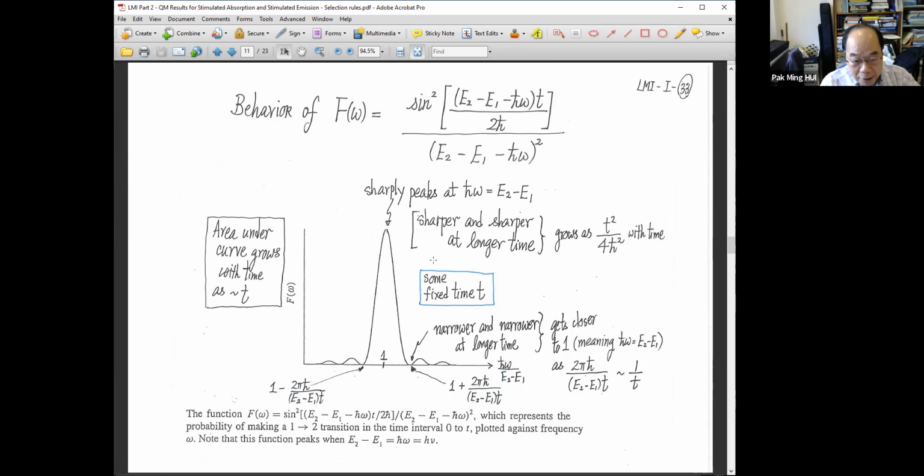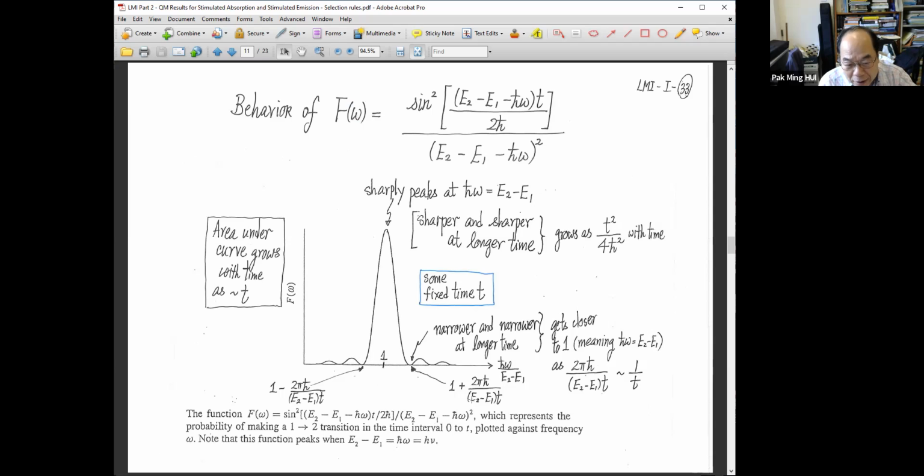Okay, so let me summarize. This function, if I look at it as a function of h bar omega or omega, it peaks at the resonance, where h bar omega hits the energy difference. The peak value goes like t squared. But why is this a sharp peak?